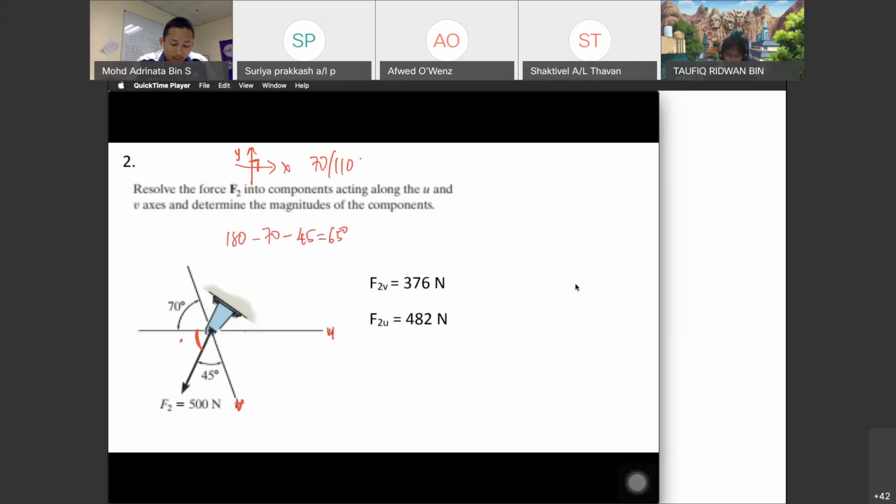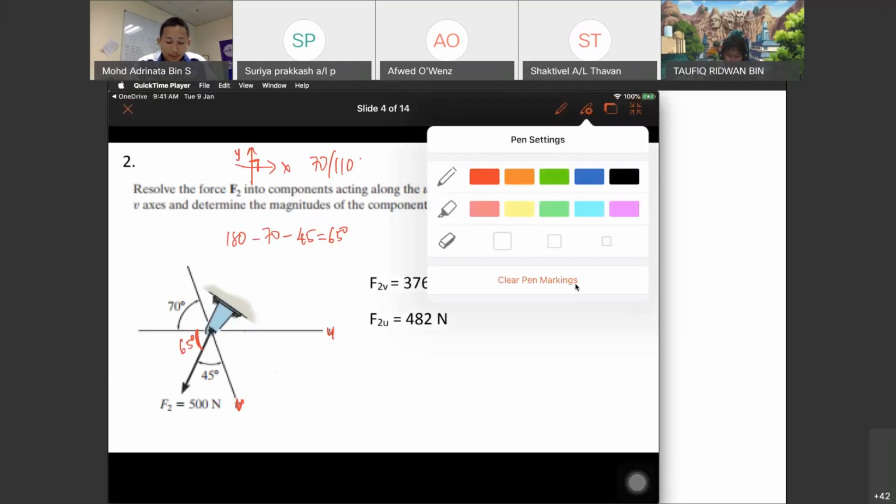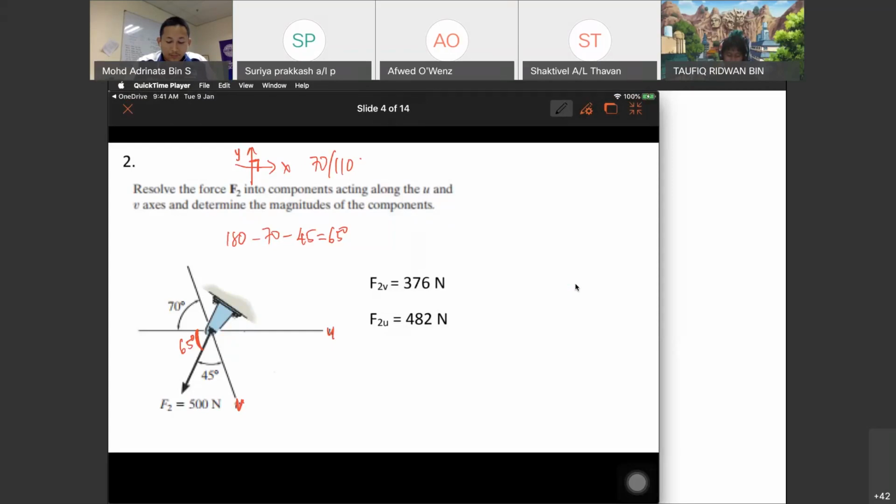So this one is 65 degree. And we have our force of F2 is going to the negative U direction and positive V. Because normally we use U when we have the notation of X and Y. So that is the positive direction.